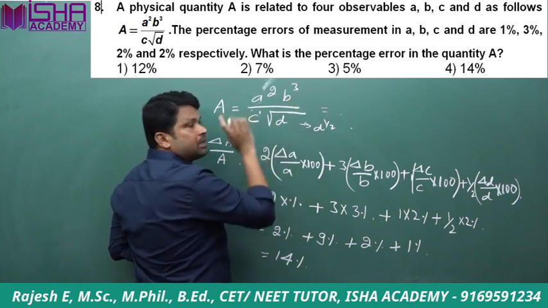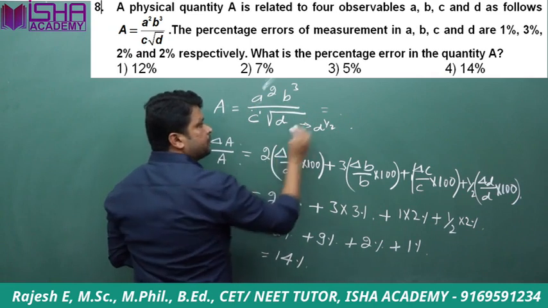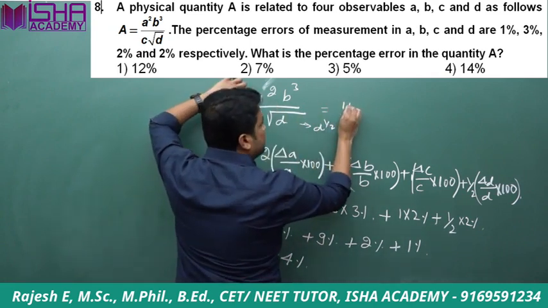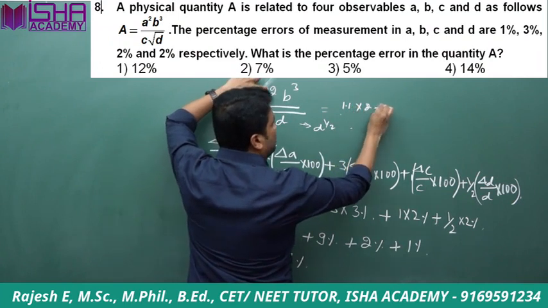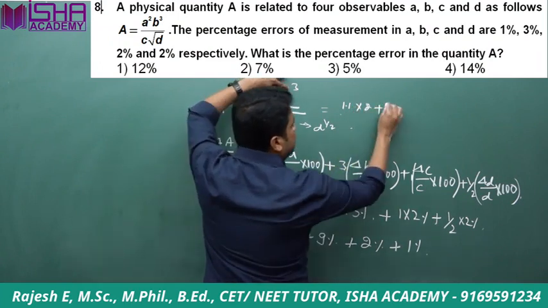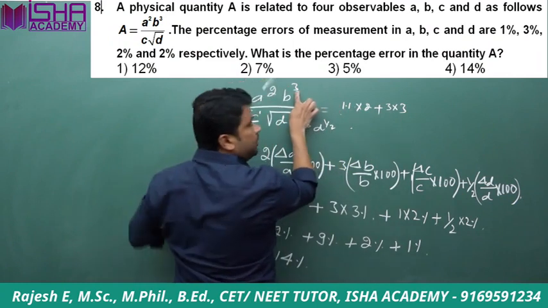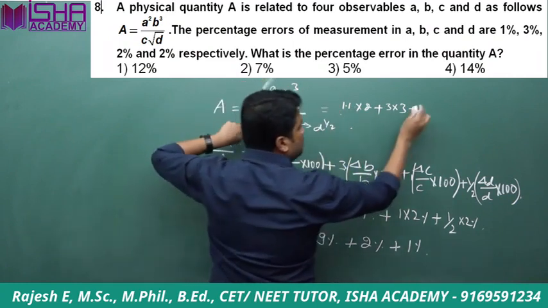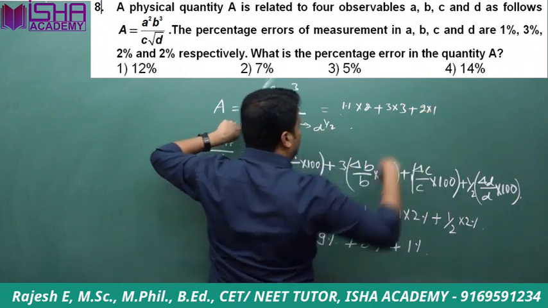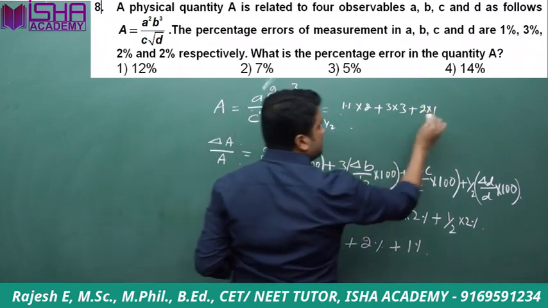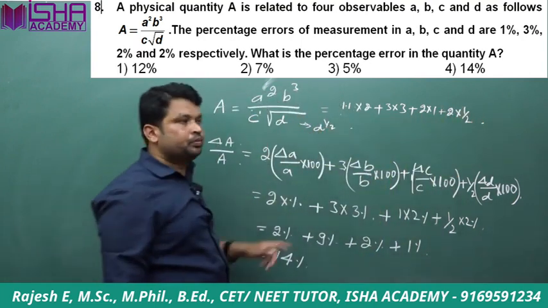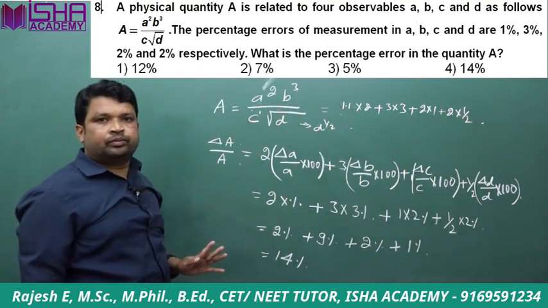So 3 into 3% plus, straight away in single step, error in A is 1% into 2 plus error in B is 3% into 3. Error in C is 2%, 2 into 1. Error in D is, how much is that? 2% into 1 by 2. Simple, very simple.